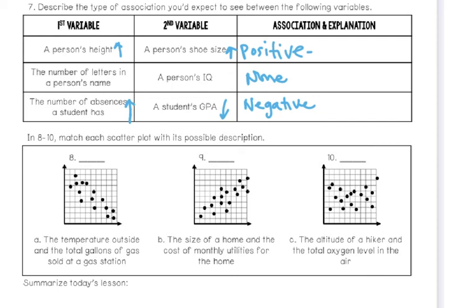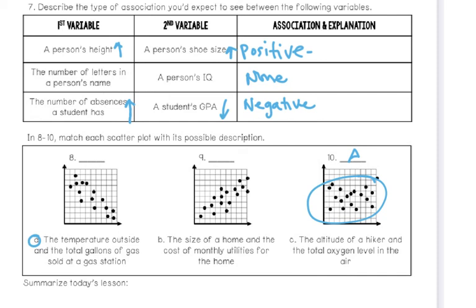Well, it could, but not really. There's really no relationship. So we would say that fits with this one, because I don't see a relationship here either amongst the points of data.